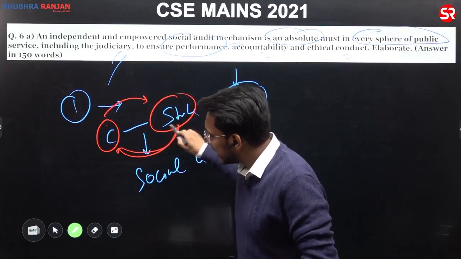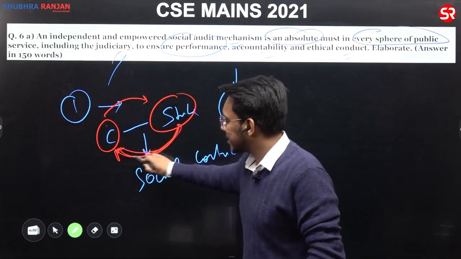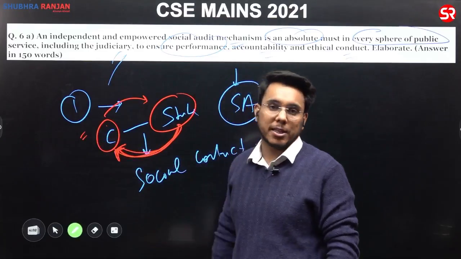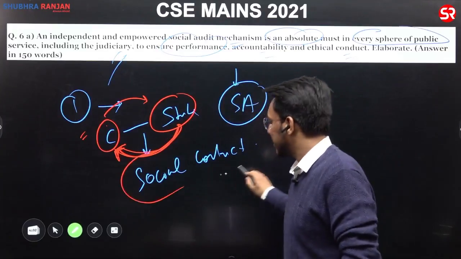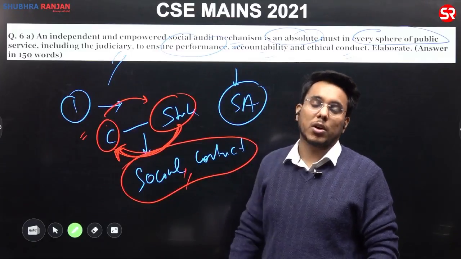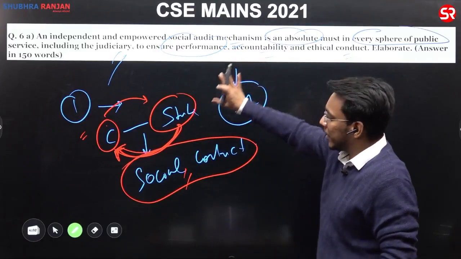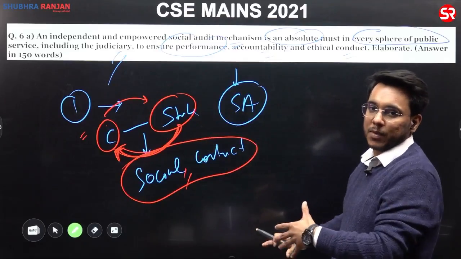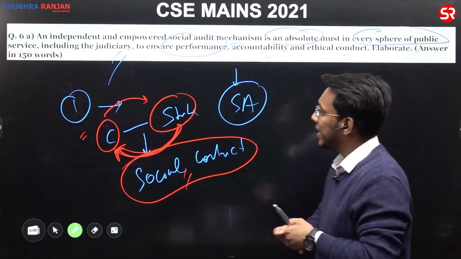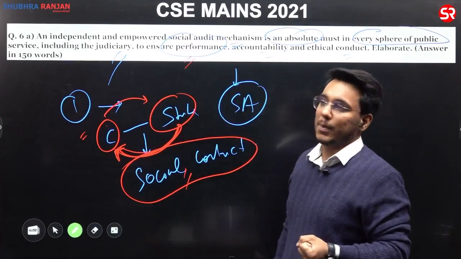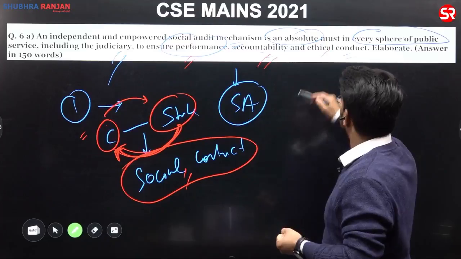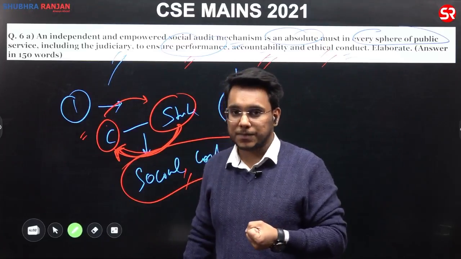However, whether the state is fulfilling its part of the contract or not, for this the citizens should have some avenue, some tool, and here the social audit will help. Social audit will ensure that the social contract is being implemented fully. We can see whether they are performing better or not, we can bring accountability through the social audit, and we can see whether they are behaving ethically or not.